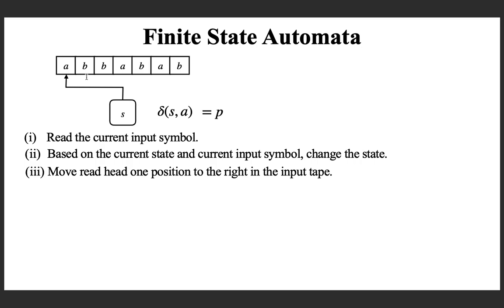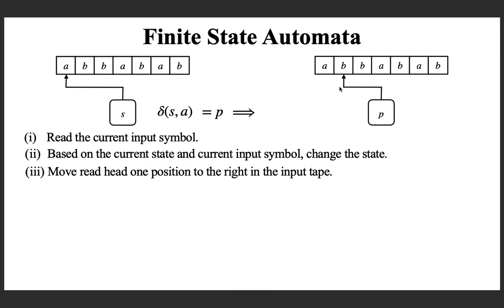So the transition depends on the current state and current input symbol, and it defines the next state; if there is no state change, the next state can be defined as S itself, and at every step the read head is positioned to the next symbol. If you apply this transition, the new configuration can be represented by this figure. The read head is pointing to the next symbol, and the state is changed to P.